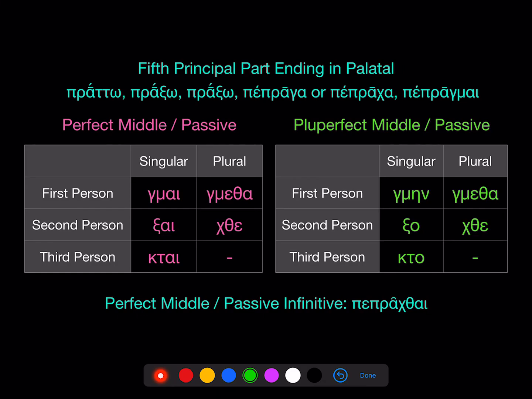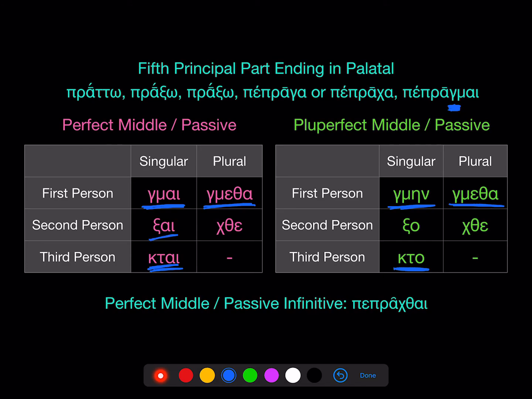Okay, so now let's take a look at what happens if you have a fifth principal part that ends in a palatal. You're going to have a gamma there before the mai. And you're going to have a gamma wherever the ending begins with a mu. So gmai, gmetha, gmena, gmetha again. Before the tau of tai and ta, you're going to get a kappa.